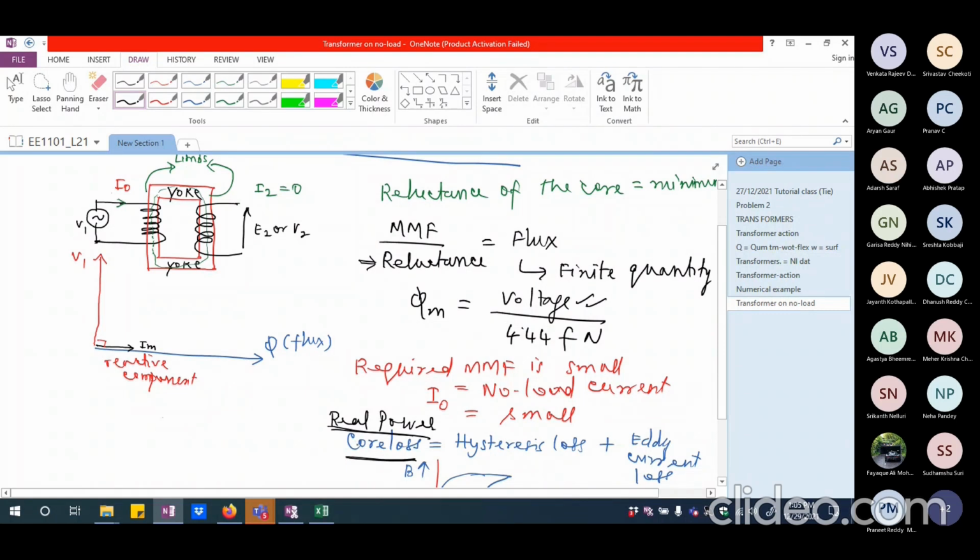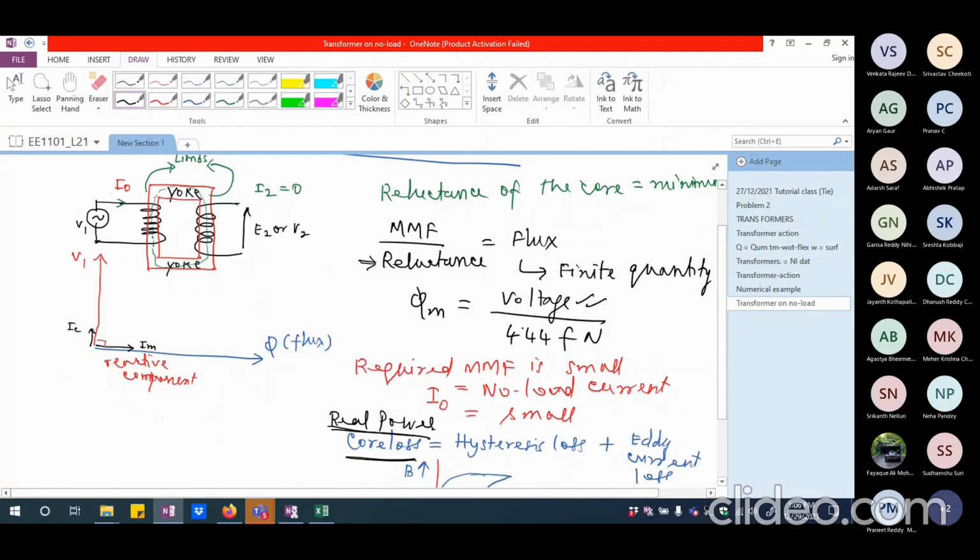It is represented. It is not so in actual practice; the core is not going to draw any current. The core loss is represented by a real component of current, which we call the core loss component of current, IC. This core loss component of current is a fictitious current that represents the real power loss taking place in the core in the form of hysteresis and eddy current losses.